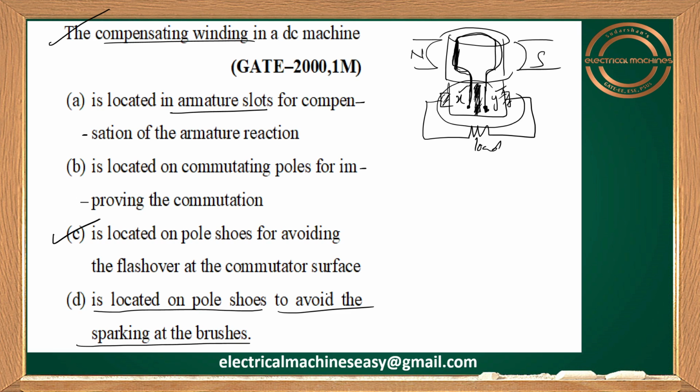No. For reducing sparking at the brushes, for reducing the reactance EMF, we should use interpole winding or shifting of brushes along MNA. That is a different approach. So to avoid sparking at the brushes, we should use interpoles, not compensating winding. So option C is correct. It is located in pole shoe for avoiding flashover at the commutator surface, which I already explained.